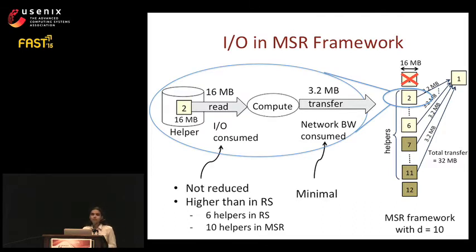So while the bandwidth consumed is minimal, the I/O consumed is not reduced. In fact, it is higher than in Reed-Solomon because we have more helpers. While the Reed-Solomon code had 6 helpers, the MSR framework has 10 helpers.